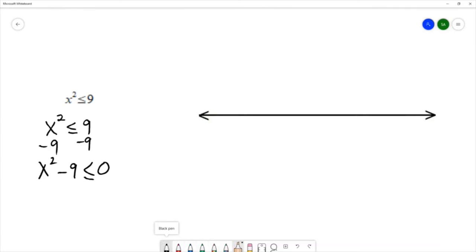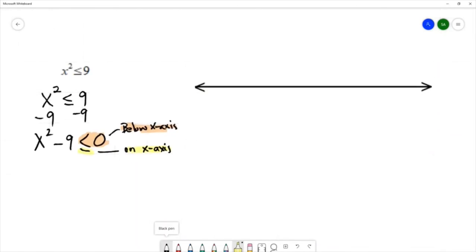The less than 0 part tells me I'm looking for below the x-axis, and the equal to part is telling me I'm looking for on the x-axis. So it's important for any polynomial inequality that you have like this to make sure that you have 0 on one side first.